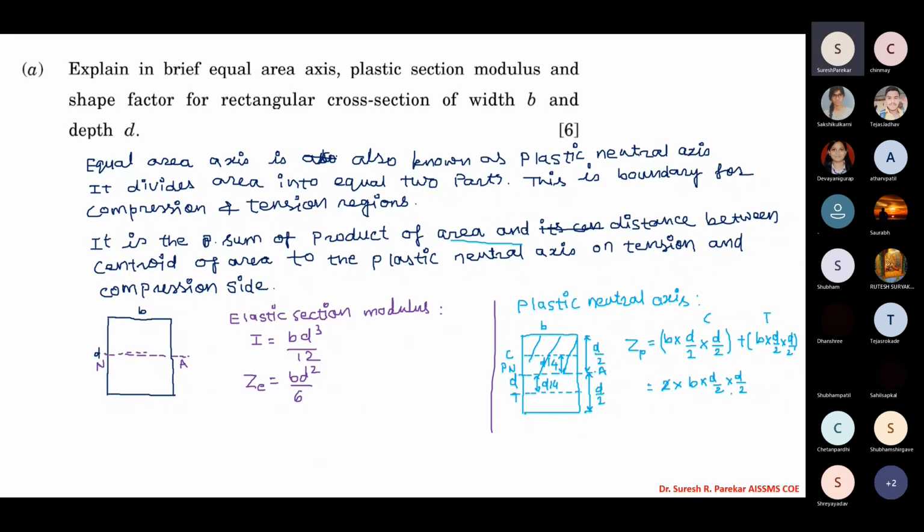And this 2 gets cancelled. So we have, sorry, B into D by 2 into D by 4 we have this. Centroidal distance, this distance. Area, if I will make it separate. And here I have plastic neutral axis.